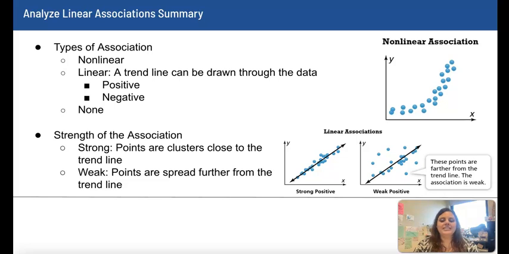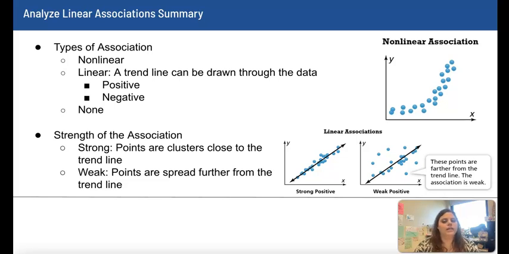All right, to summarize, I did give you some fill-in-the-blank summaries so you can make sure you are filling in the missing pieces. So now we have that there are a couple types of association: either linear, nonlinear, or none. If it's linear, this means that a trend line can be drawn through the data, and it's either going to be positive or negative.